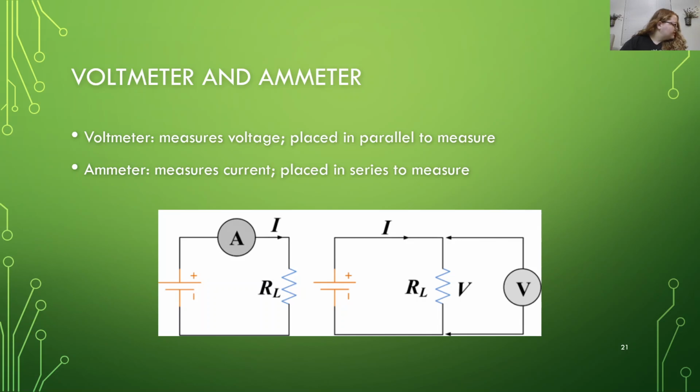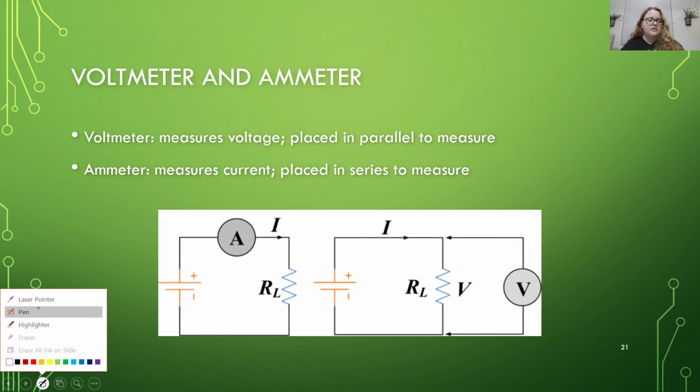All right, the last thing I want to touch on is the idea of a voltmeter and an ammeter. And hopefully we'll be able to do this in class, but I'm not positive. A voltmeter measures voltage, surprise, surprise, and is placed in parallel when you want to measure something.